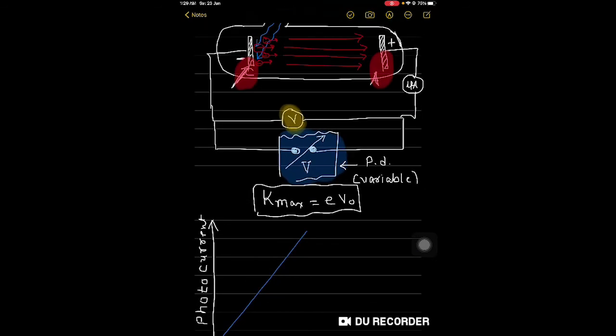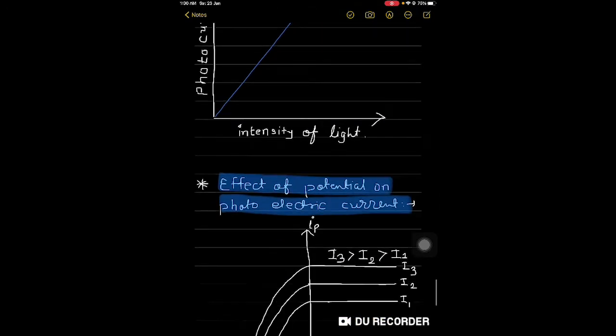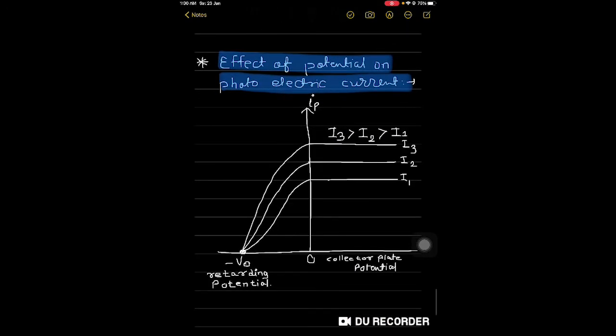Now we can repeat this experiment with incident radiation of the same frequency but at higher intensities I2 and I3 respectively. In all these experiments, we note that the saturation currents are now found to be of higher values.